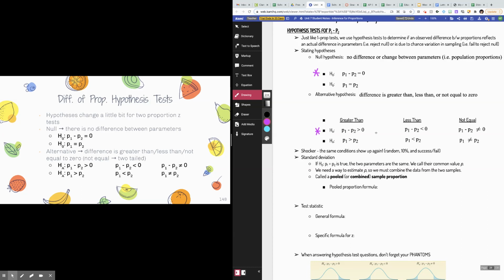So in each of these cases, 0 is the parameter, the actual value for the parameter. It's the same with the second way that you can write these, it's just you don't have a number.